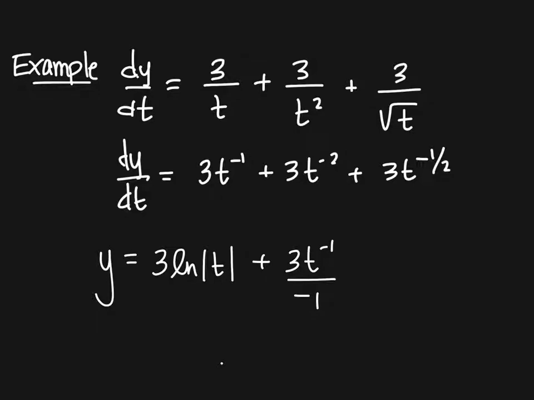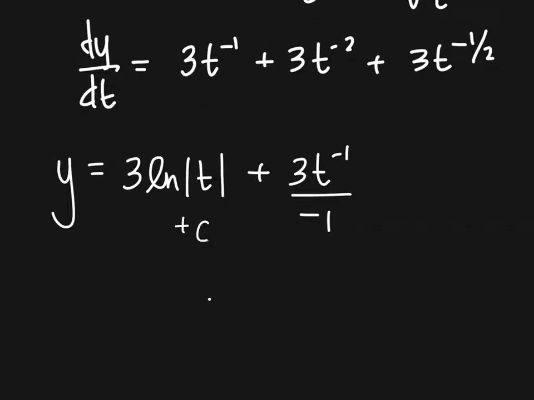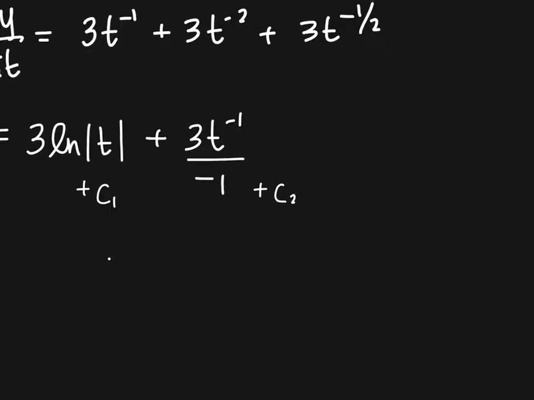We will at the, not each time, no, because there will just be one c at the end that will cover all of them. Sometimes in some other textbooks you might see plus a constant here and plus a second constant here and then a third constant at the end, and then you're like, we're just going to combine them all and they will just be plus c. Yeah. Okay, that's good thinking.